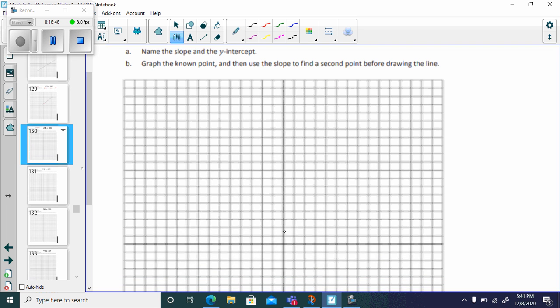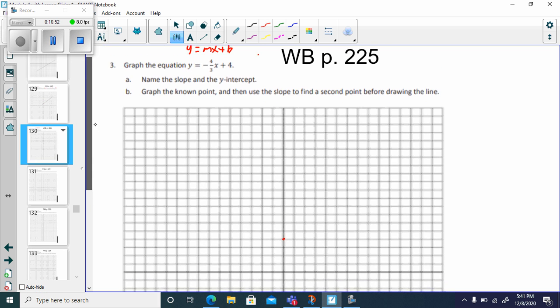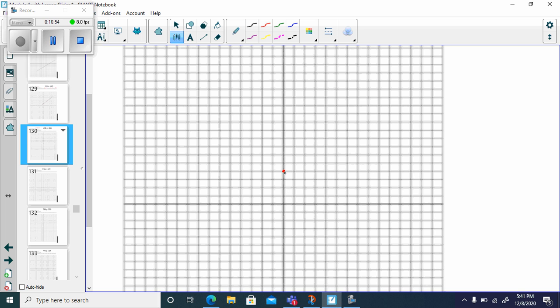On the y-axis, we go up to 4. 1, 2, 3, 4. Okay. Now our slope is negative 4/3. So we're going down 4 and over 3. Down 1, 2, 3, 4, and over 1, 2, 3. Down 1, 2, 3, 4, and over 1, 2, 3. There we go. And we're going to put our line through there.